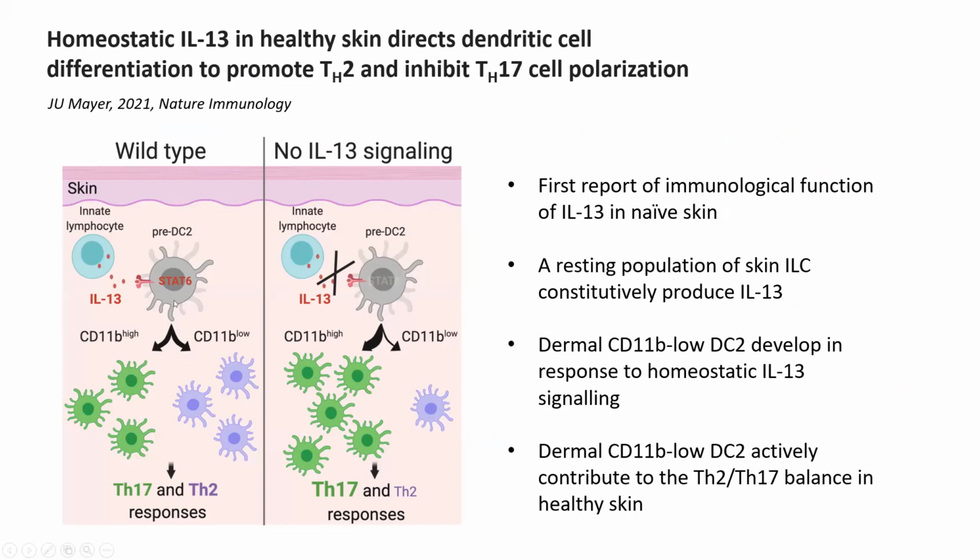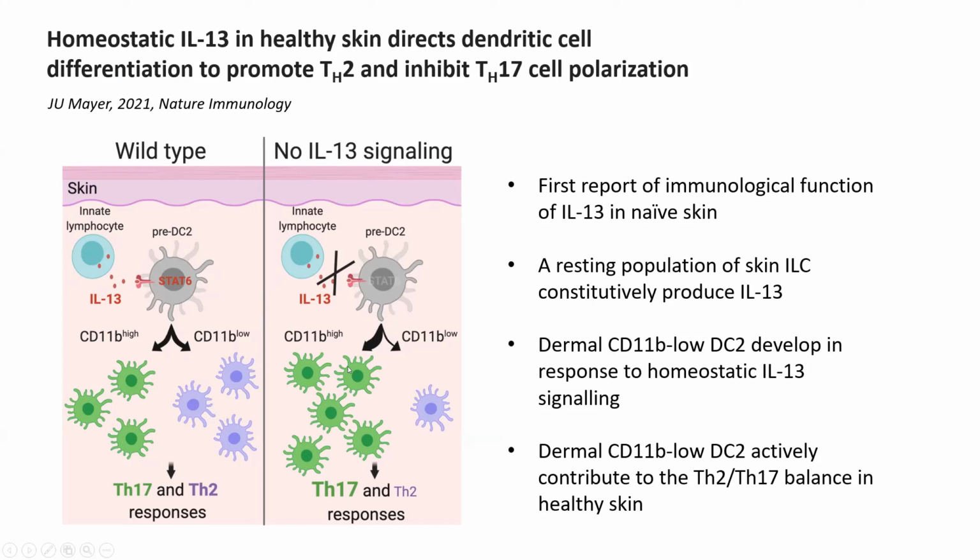And this is basically to summarize our finding that we found that homeostatic levels of IL-13 exist in healthy skin, and that in mice at least, the predominant producers of IL-13 are innate lymphoid cells, which have a resting phenotype, and that this IL-13 has a direct immunological function in naive skin because it influences the development and differentiation of type 2 dendritic cell precursors and drives the development of this CD11b-low DC2 population, which then plays an important role in controlling the Th2 and Th17 balance in healthy skin.